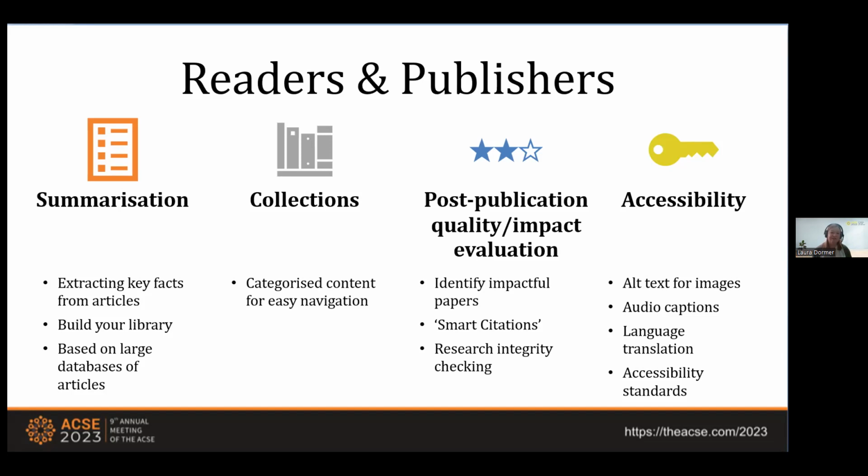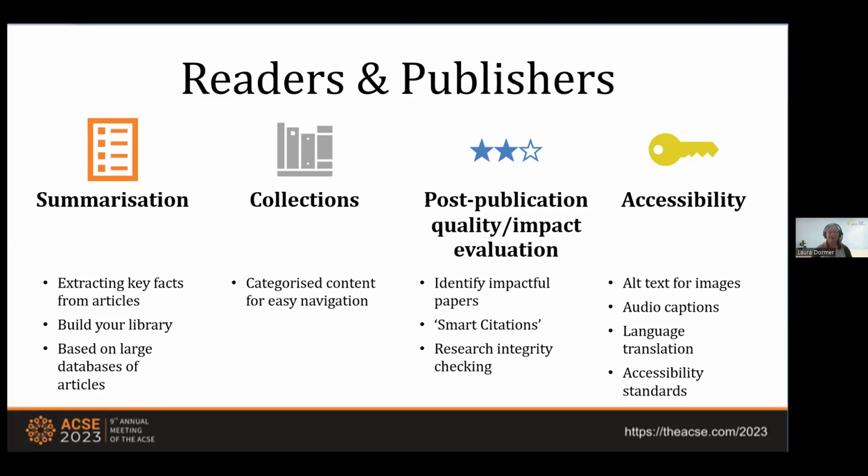I think an interesting use of AI will be the ways it might be used to assess quality and impact of a paper. There might be tools that publishers can use that help identify papers that are likely to be impactful and potentially channel more marketing attention to those papers. There's already tools available, I think it's Cite AI, that use smart citations.